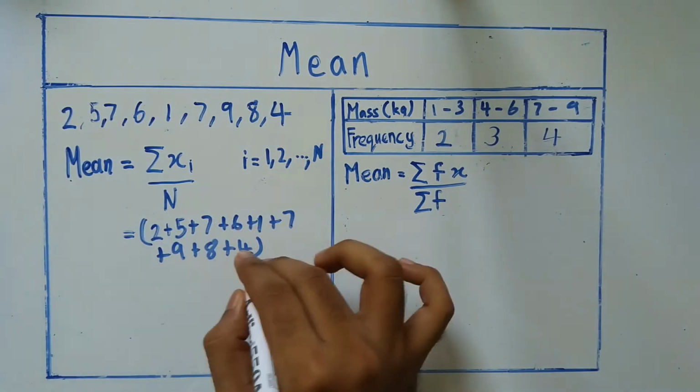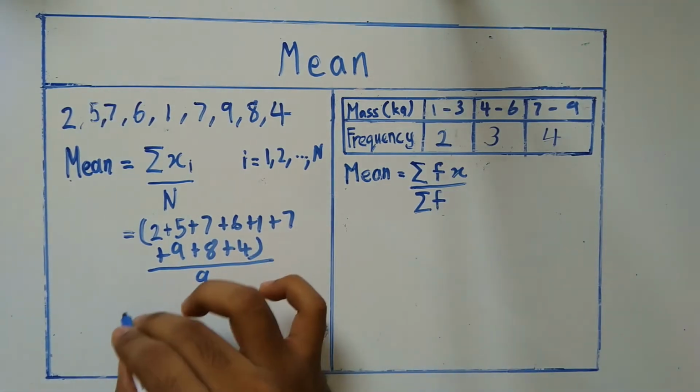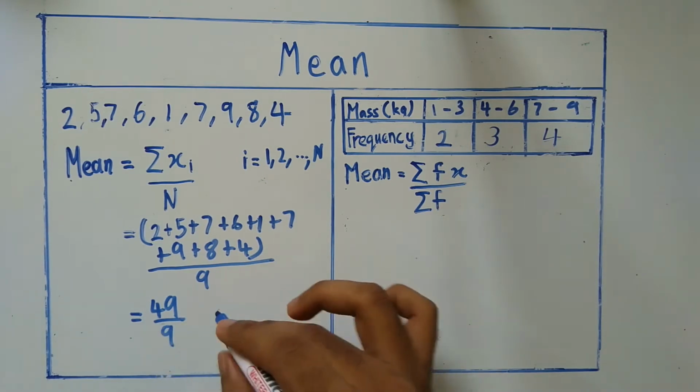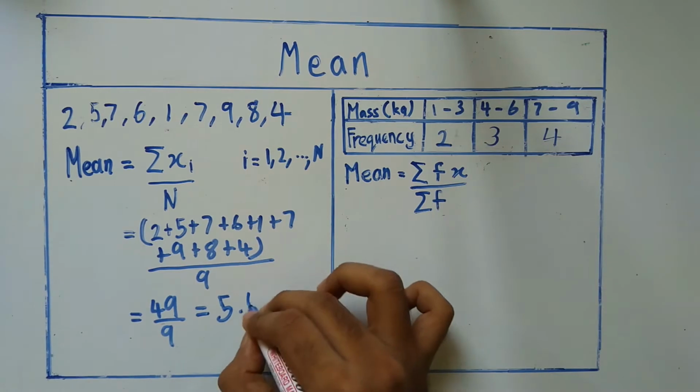We add all the terms together and divide it by the number of terms. You should get 49 over 9, which yields 5.44.